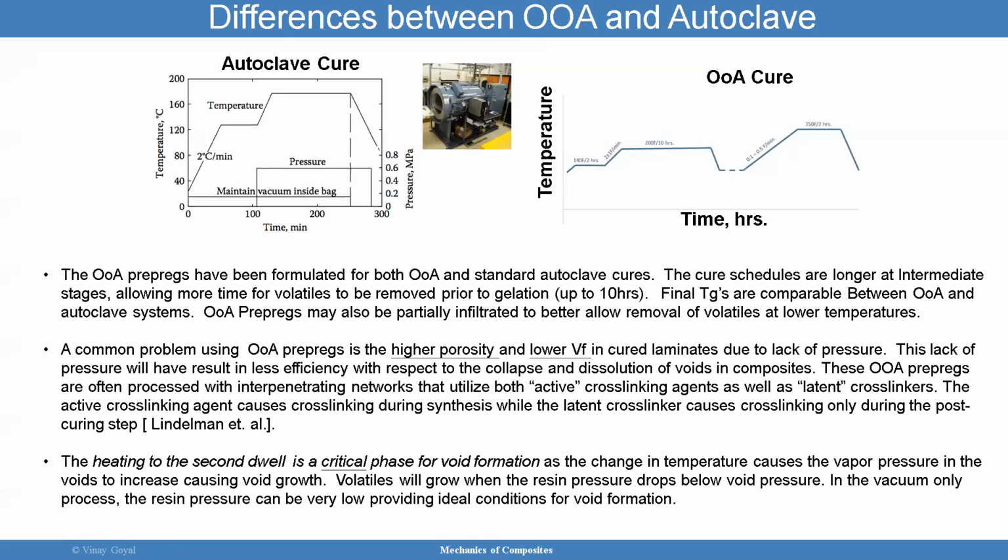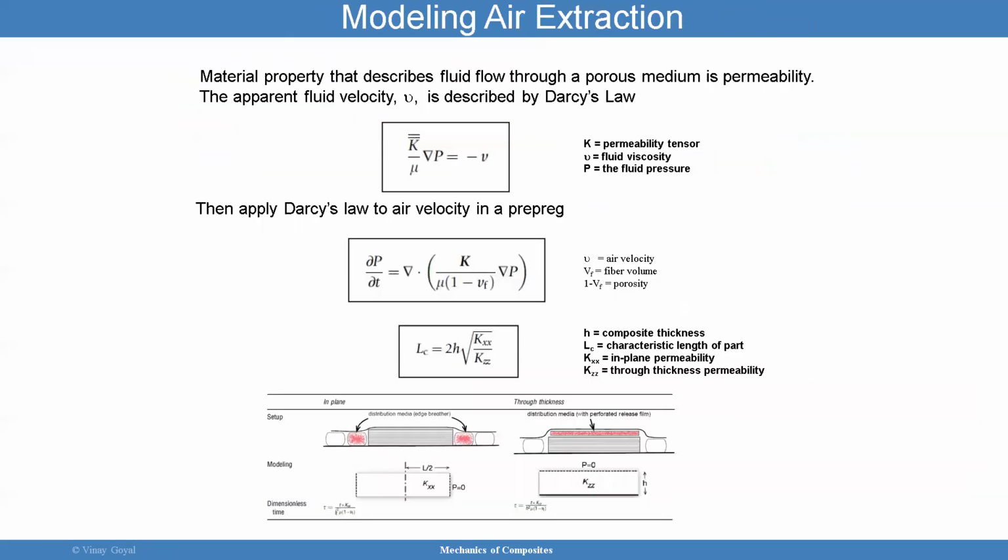Volatiles will grow when the resin pressure drops below the void pressure. In the vacuum-only process, the resin pressure can be very low, providing ideal conditions for void formation. So in other words, when we are using out-of-autoclave, don't be surprised if the porosity is greater. So very important consideration.